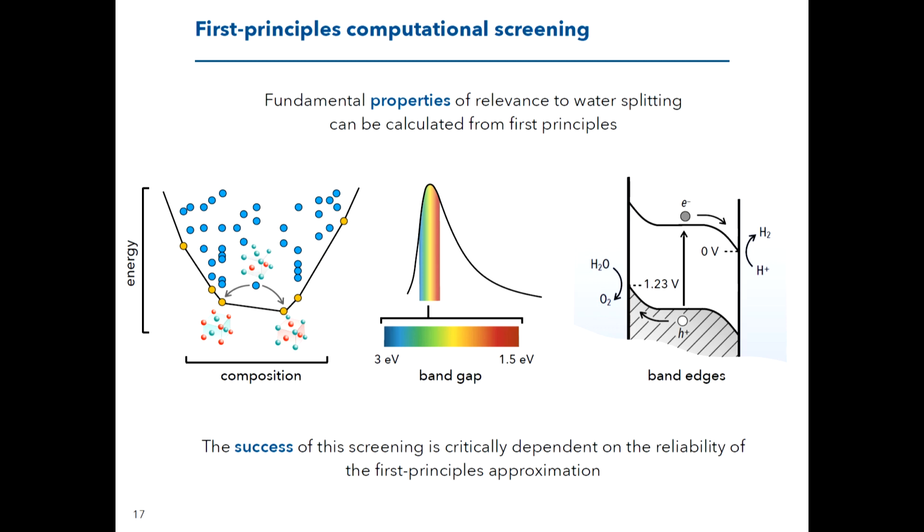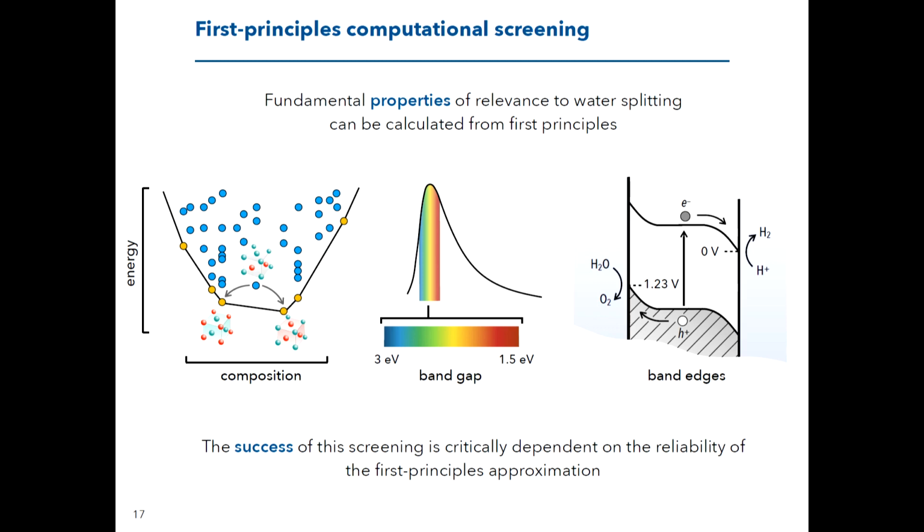And you also need to have a band gap that matches the solar spectrum. And you need also to have good band alignment between the redox potential of your photocatalyst and the redox potential for hydrogen reduction and water oxidation.